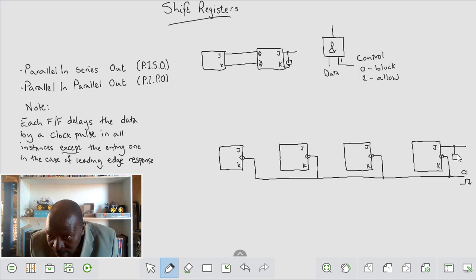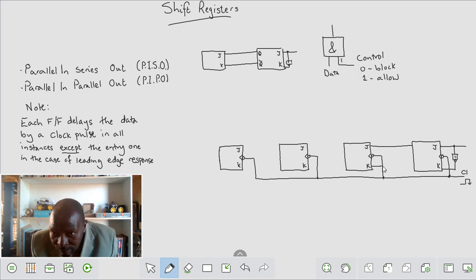So it's a master slave trailing edge, and to configure this as a D, we need that for that one. But for the rest of them, we will not.